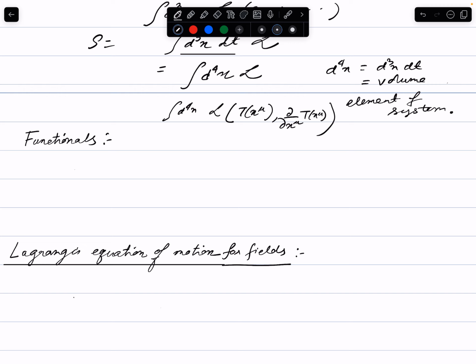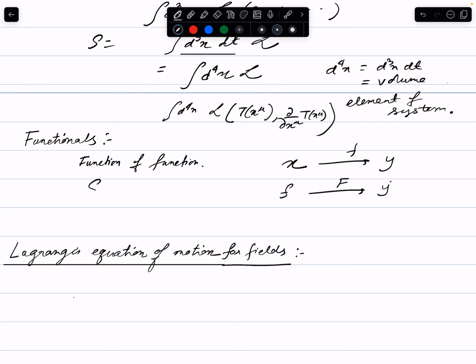And these are called functionals. A function is something that takes some number and maps it to some other number. A functional is something that takes a function and maps it to some number. Okay, so this is called a functional.